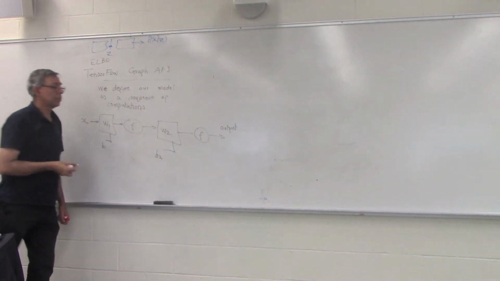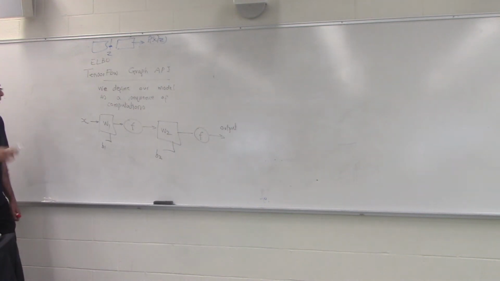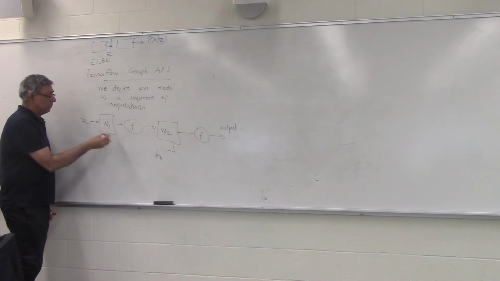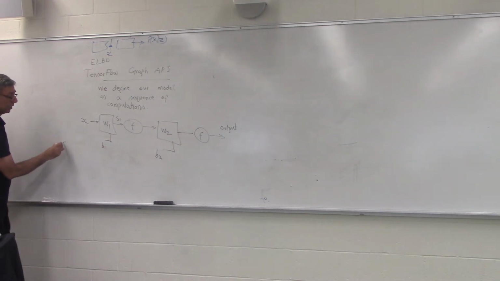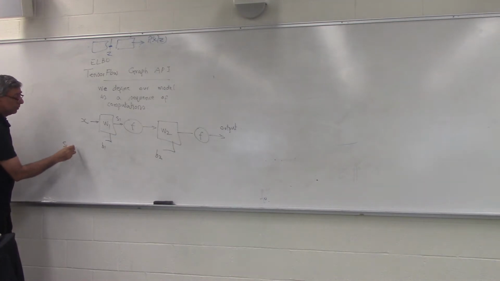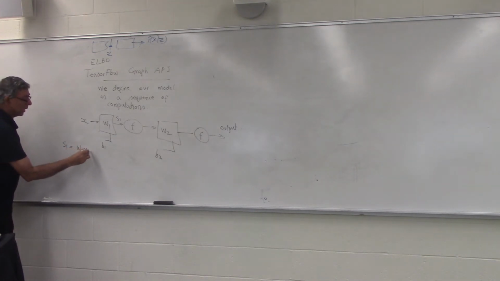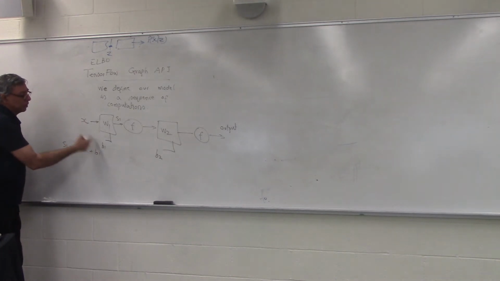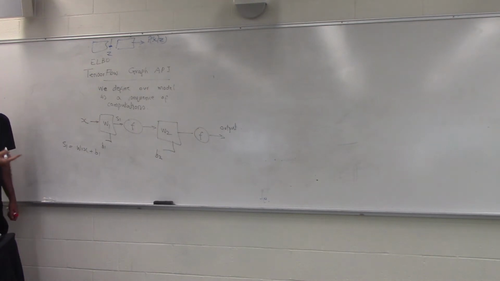Okay, so in TensorFlow, you literally will say, for example, if I call it S1, just like we were doing before, you'll say S1 equal to W1 X plus B1. Of course, you'll match the matrix dimensions.